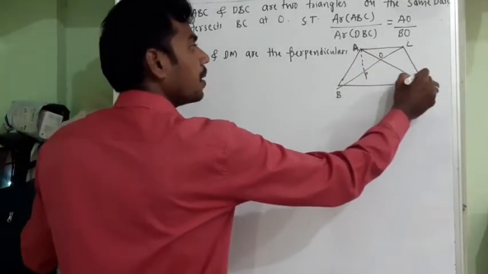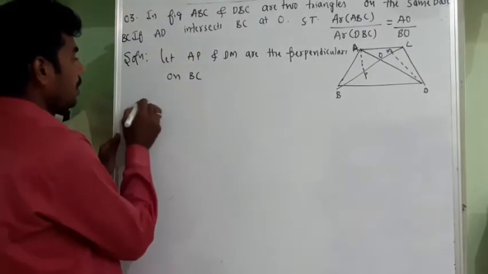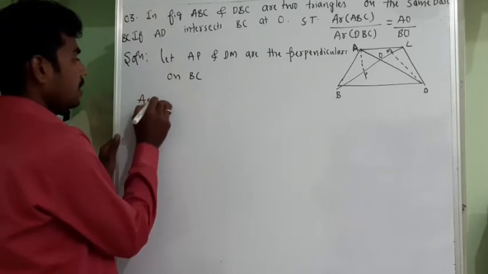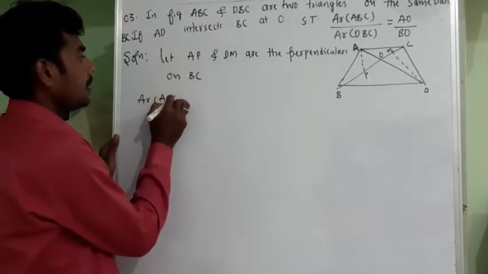AP, and one more is DM. Now, how will we find the area of triangle ABC?